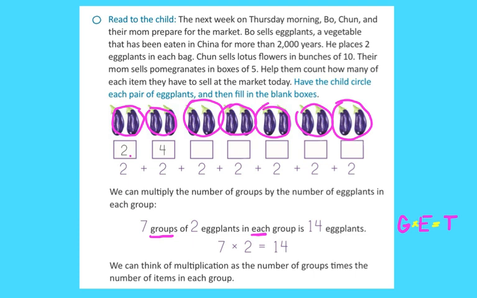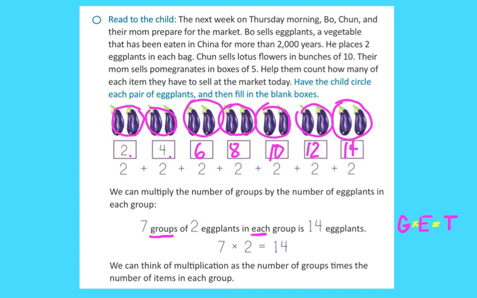So we count 2, 4, 6, 8, 10, 12, 14. We can also think about it as repeated addition. 2 plus 2 plus 2 plus 2 plus 2 plus 2 plus 2 equals 14. But we know that multiplication is a faster way than doing 2 plus 2 plus 2 so many times.